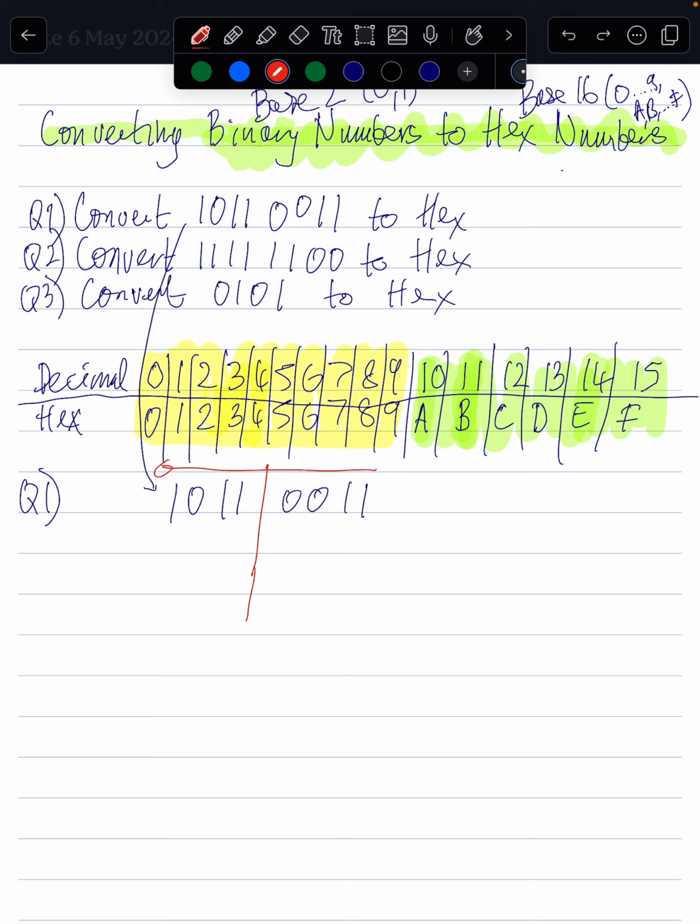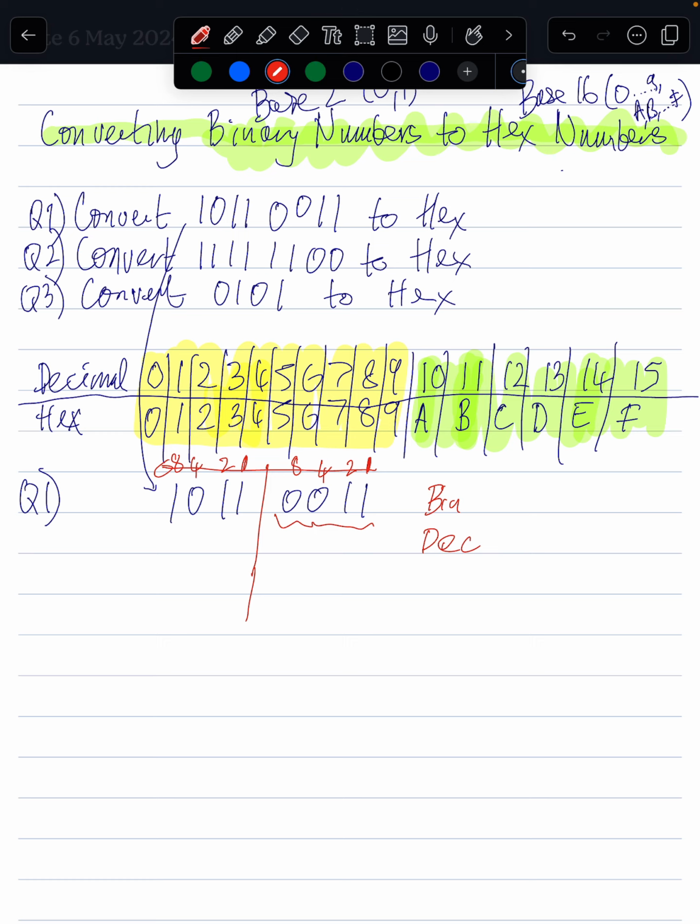Okay, so what do we do next? We convert that binary into decimal, but only for the 4 bits. I'm going to convert this first. To do that, we need our column headings, as when converting binary to decimal. So it's 1, 2, 4, 8. And we do the same for this group of 4: 1, 2, 4, and 8.